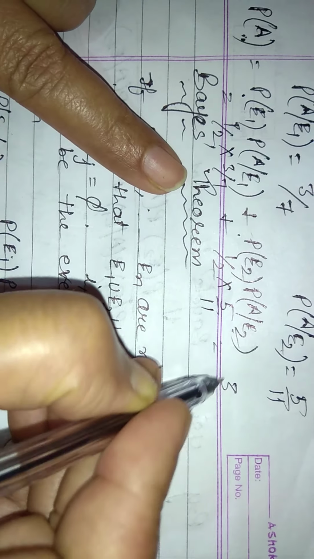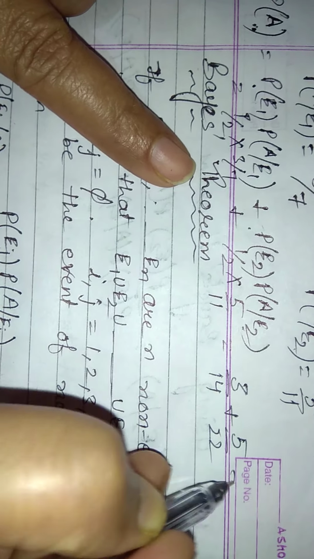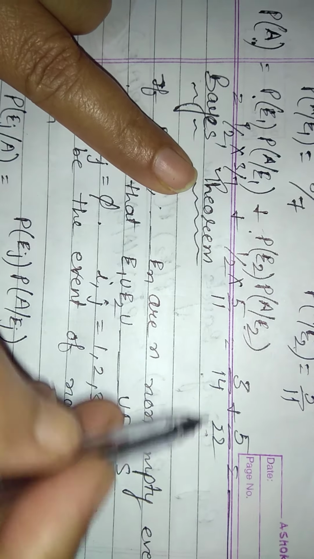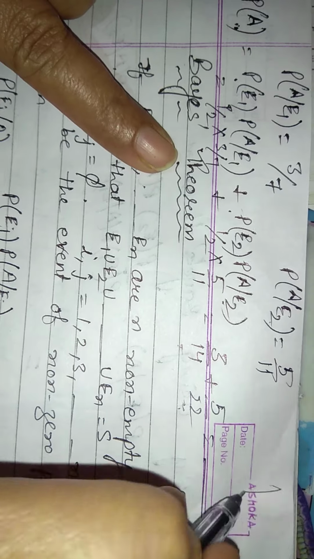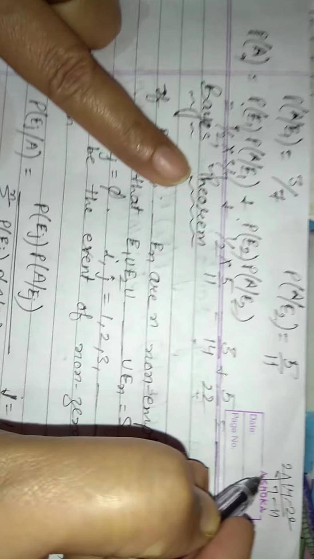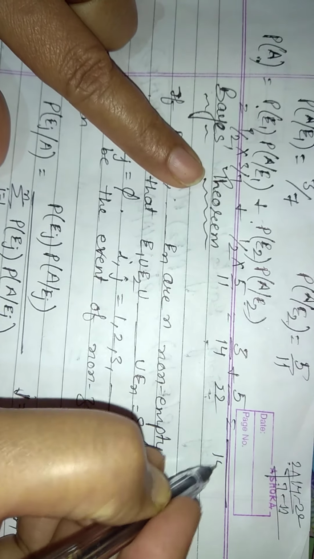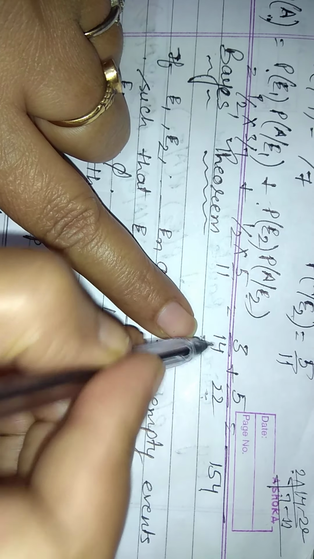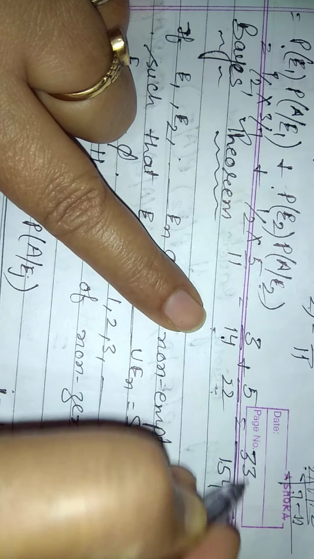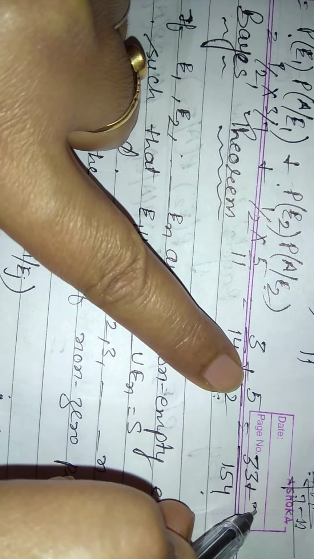Solve it. 3 by 14 plus 5 by 22. Take the LCM of 14 and 22. 2 sevens are 14, 11 sevens are 77, into 2, 154. So 154 divided by 14 is 11, 11 threes are 33. Plus 22 sevens are 154, 7 fives are 35.